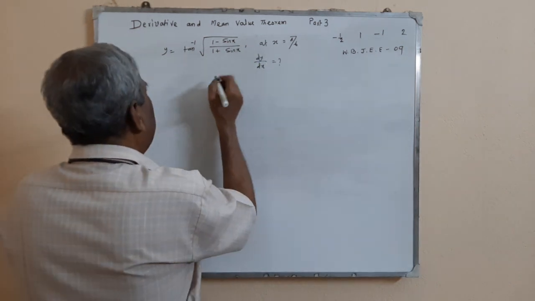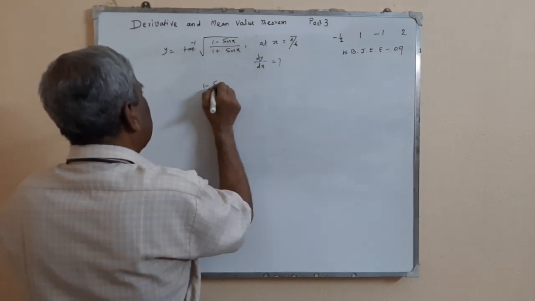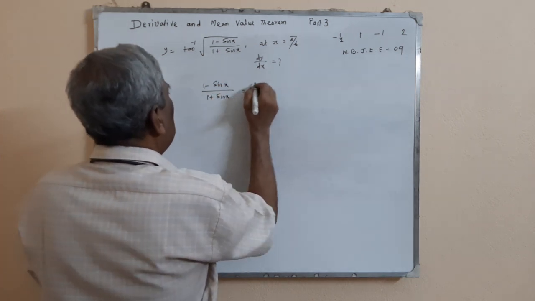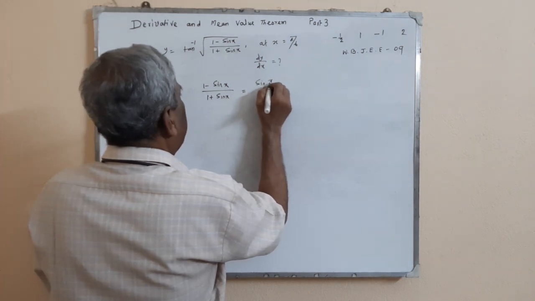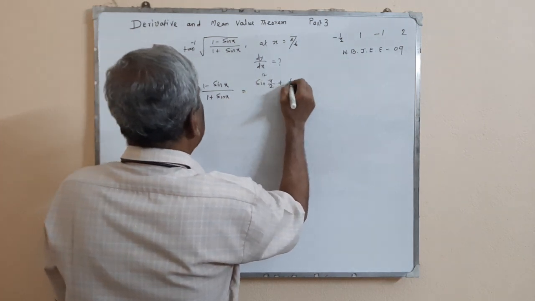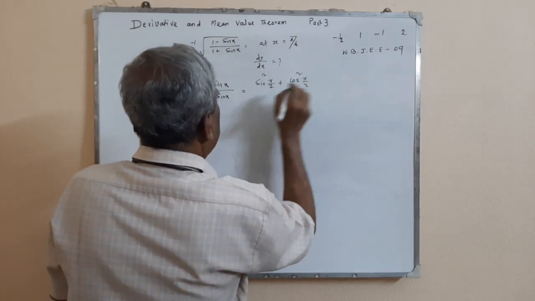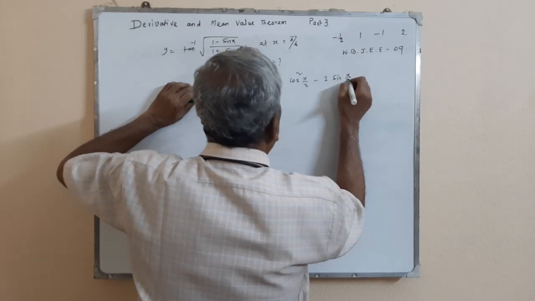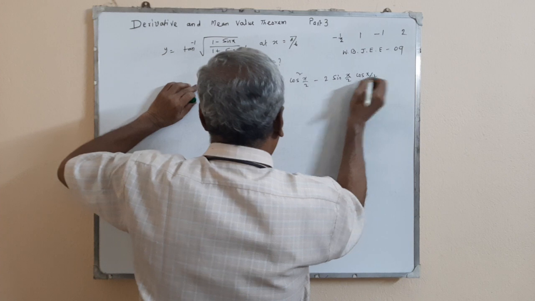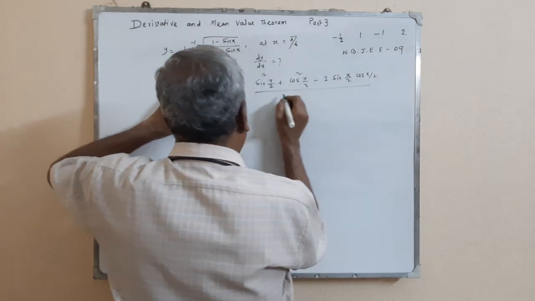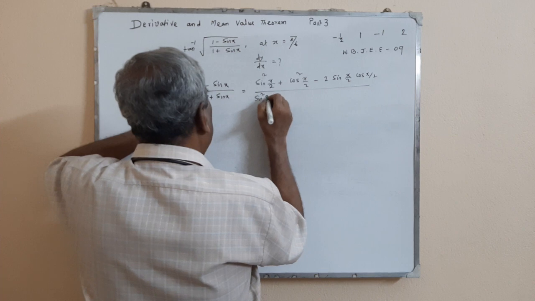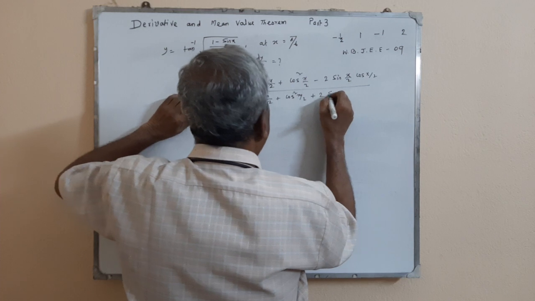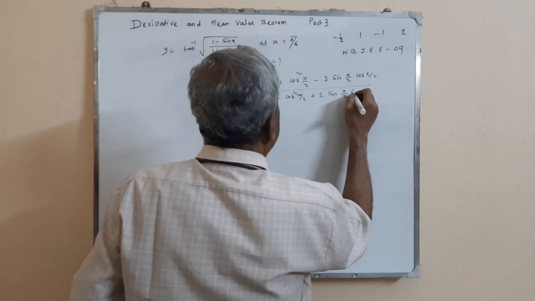So this thing, 1 minus sin x by 1 plus sin x, is equal to sin square x by 2 plus cos square x by 2, that is 1, minus 2 sin x by 2 cos x by 2, by the same case, 1 means sin square x by 2 plus cos square x by 2 plus 2 sin x by 2 cos x by 2.